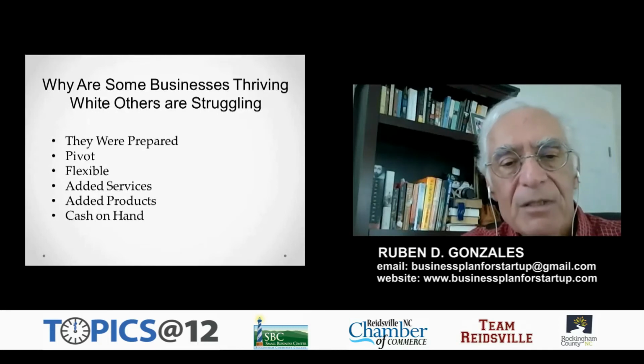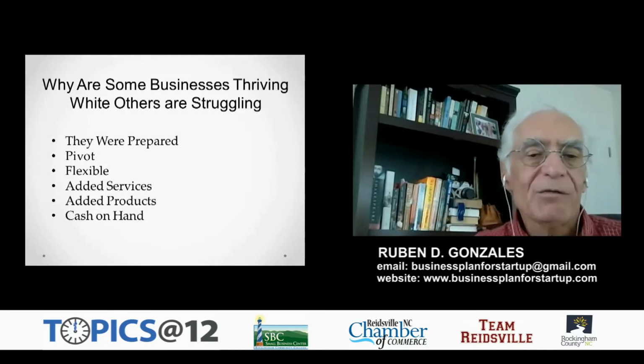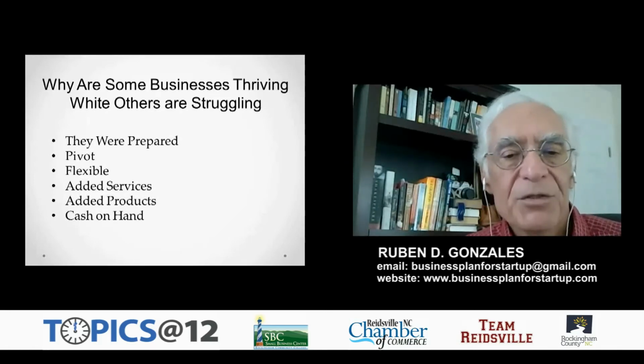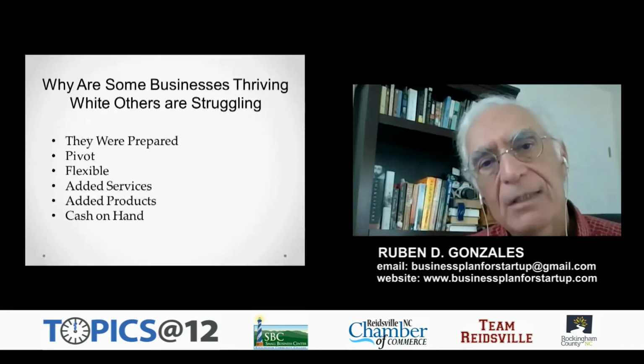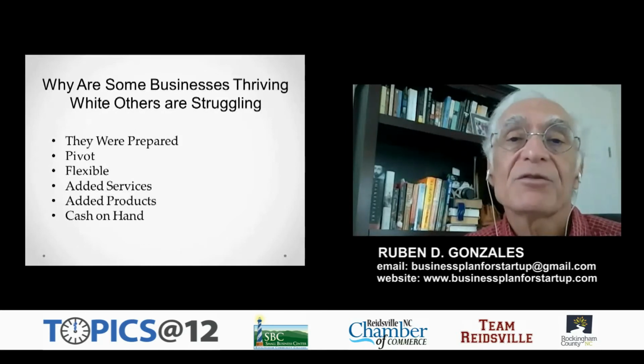So there's quite a bit of cash involved for the large businesses, but whatever it is, small or large, when business starts to fall off, it's nice to have that cushion. It's nice to have that working capital so you can take the pressure and the stress off.